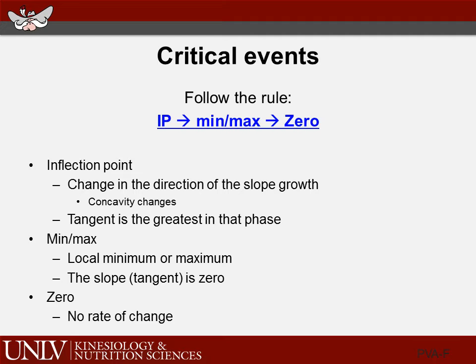But it's essentially the change in concavity. So it's where the slope changes from either increasing to decreasing or decreasing to increasing, right? So it becomes more steep, and then at some point it changes and begins to become flatter, or the opposite way. So this is where that IP is, right?